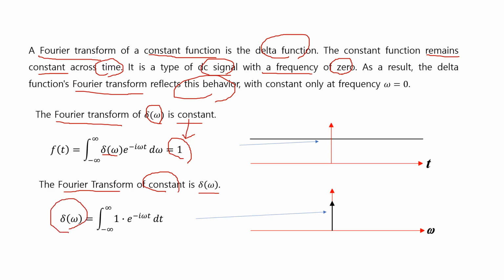So the constant function and the delta function are Fourier transform pairs. If we do the Fourier transform of this constant function, we can get the delta function, and inversely, if we do the Fourier transform of this delta function, we can get the constant function. So these two functions are Fourier transform pairs.